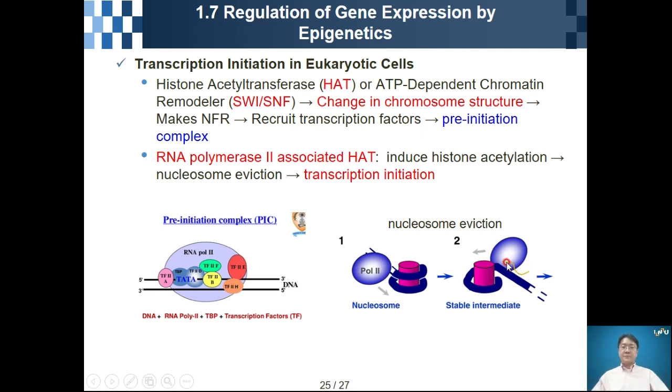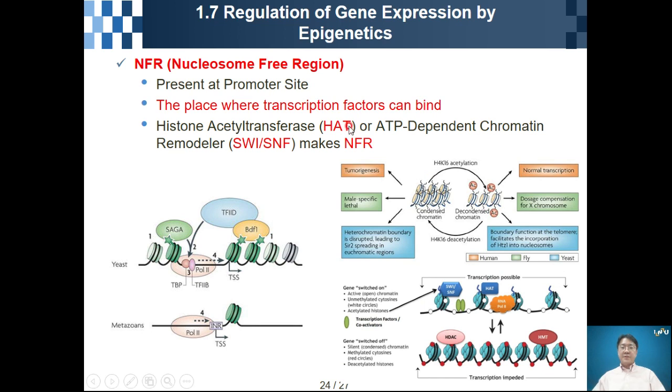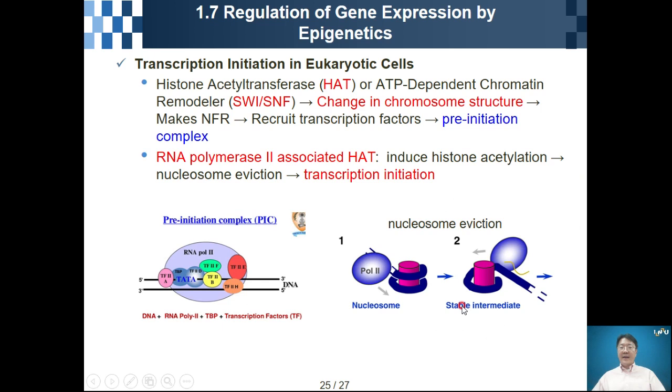Okay. How about starting from the beginning once again? So this is transcription initiation in a eukaryote cell. Usually the HAT or SWI/SNF complex makes the space, makes the NFR region. After that, it can induce changes in chromatin structure.